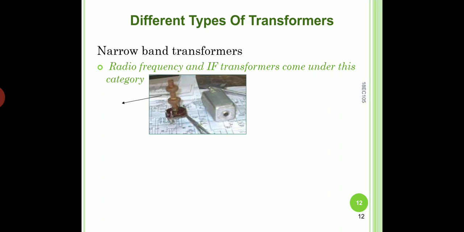For selecting one particular station to be received, we use a tuner circuit, and the transformer used there has to be a narrow band transformer which works at only 20 kilohertz width. At every station you select, the width it has to work efficiently is only 20 kilohertz. This is the purpose of a narrow band transformer.